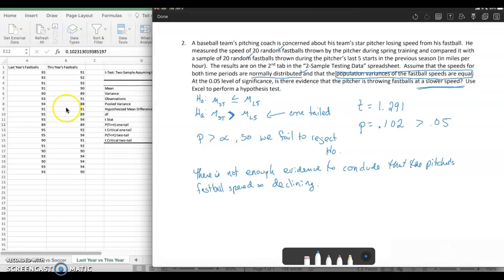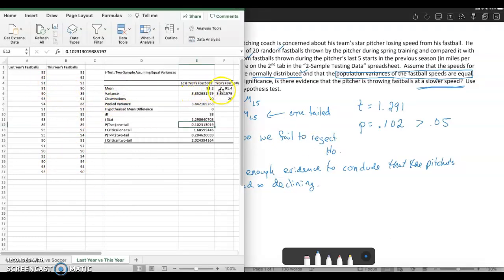So again, from the samples, we did see a very, very small decline. But what this is saying is this decline, the difference between these, is not drastic enough to say that for all fastballs that he has thrown, there really is any difference at all, or that there's been a decline.